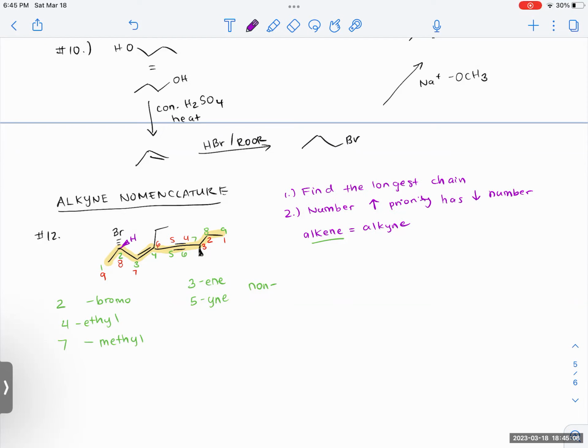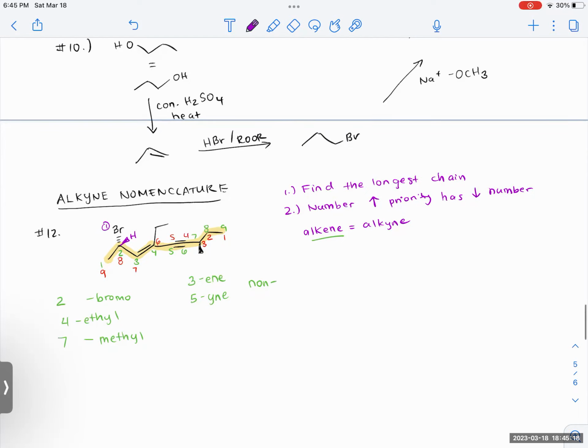So whatever we find the configuration to be, we're just going to flip it and make it the other way. So bromine should be 1, this is going to be 2, and then the methyl is 3. That's going in this direction, that looks like an R. But because hydrogen is pointing at us, it's going to be an S.